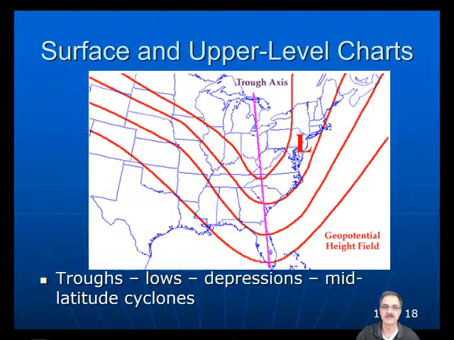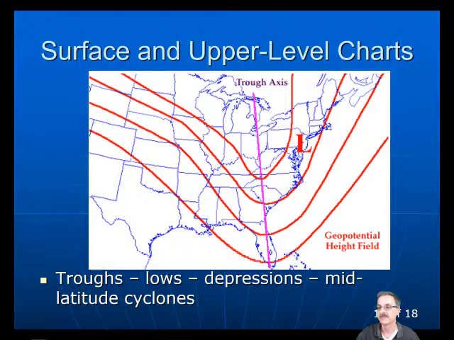And then you can also have a trough axis, and you get these valleys in here, or these troughs in the constant pressure charts. And those are usually associated with low pressure systems or depressions, or the weather system is called a mid-latitude cyclone, and the high pressure system is called a mid-latitude anticyclone.